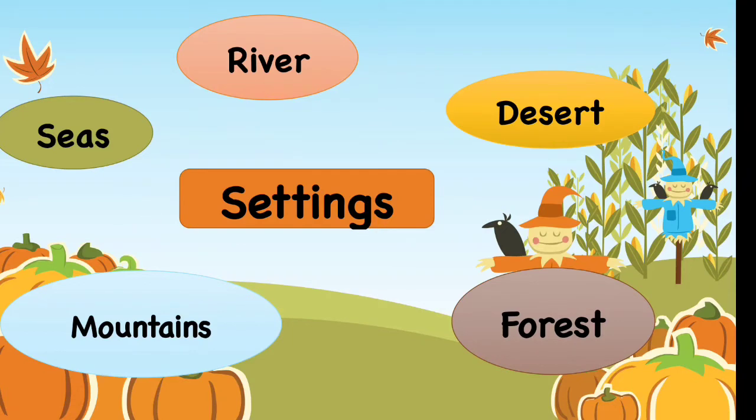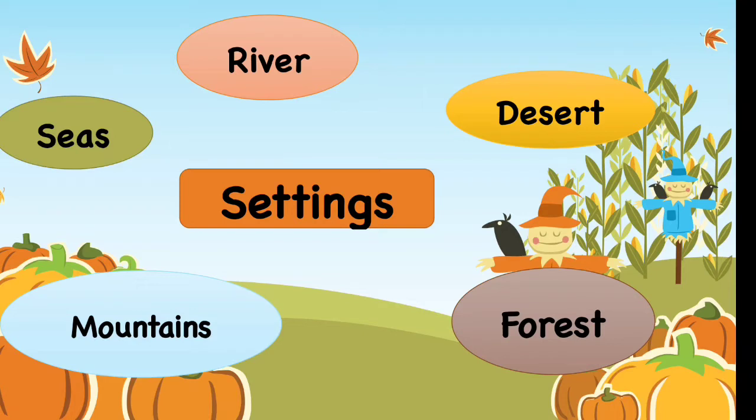That means this story has got 5 settings. One is the sea, second is the river, third is the desert, fourth is the forest, and fifth is the mountains. Okay, until he finally found his home.